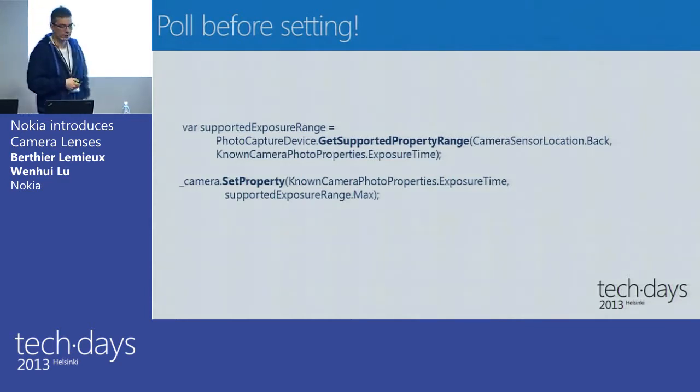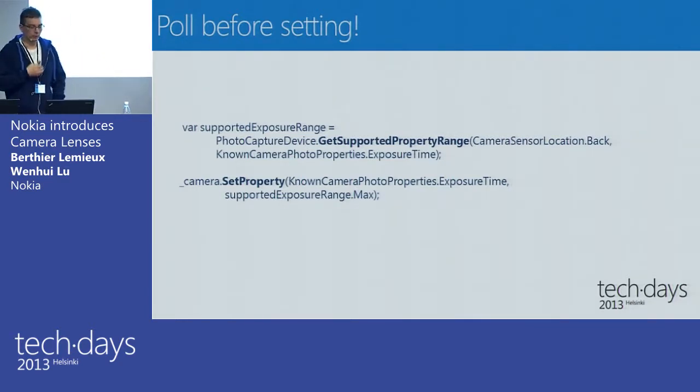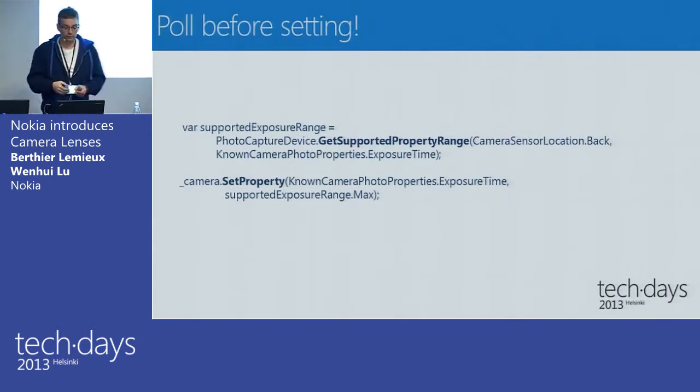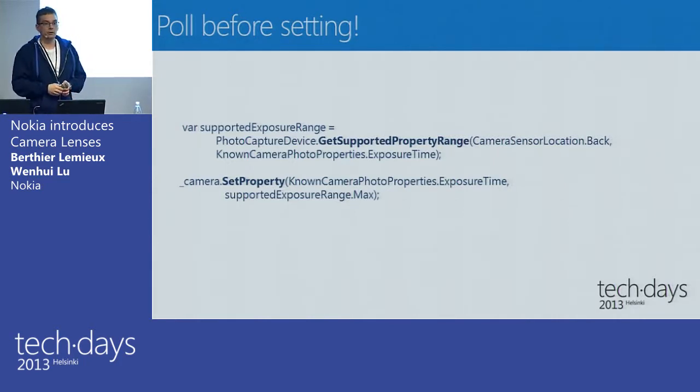That's a static call that I'm doing to the photo capture device, and it's going to return the minimum and the maximum value of the exposure time. Based on that, I can use the minimum, the maximum, or anything in between. But that's really important: this value, the exposure time, might vary between each of the devices. So do poll before setting, so that your application will work across all the devices and not just on the device that you're testing on.